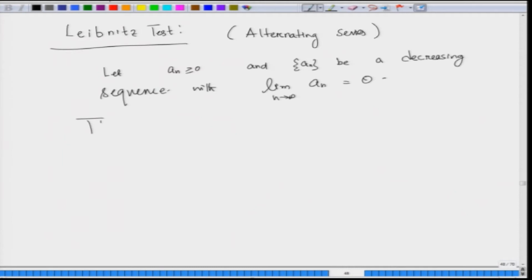Then the summation of minus 1 to the power n plus 1 times A n, n equal to 1 to infinity, converges.